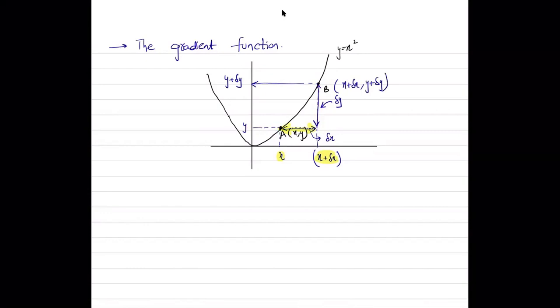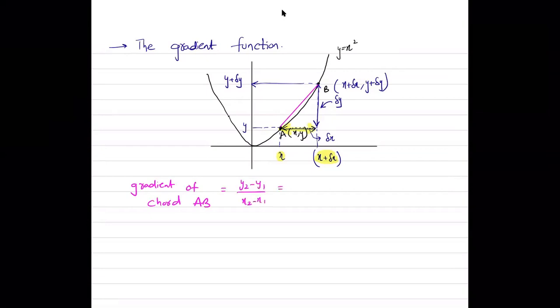Now if I join A and B with a line segment and find the gradient of the chord AB, what would the gradient of AB be equal to? Do you mean how do you find the gradient of a line, y2 minus y1 over x2 minus x1?